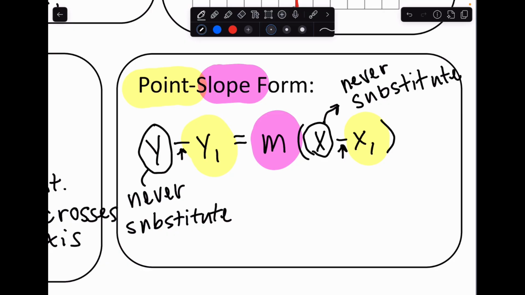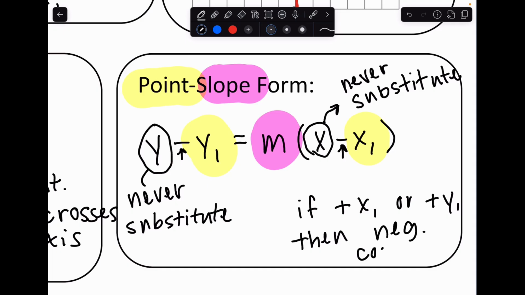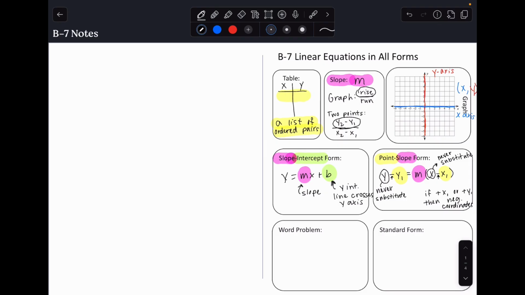Now, if we ever see this as plus, so if plus x1 or plus y1, then our number is going to be negative in our coordinate. So I'm going to say negative coordinates. Okay? And remember, our coordinates come from our points. All right. Point slope.